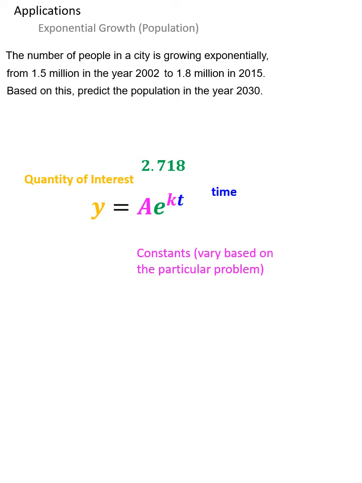In the problem we just finished, A was 1.5 and K was some decimal, and those did not change throughout that problem. But of course, when we go on to another problem, something that isn't about this particular city, A and K will take on different values. So they're constant throughout a problem, but they're not constant from problem to problem.